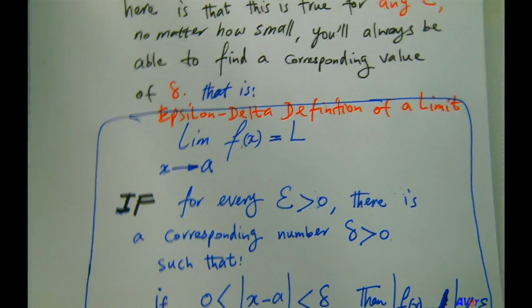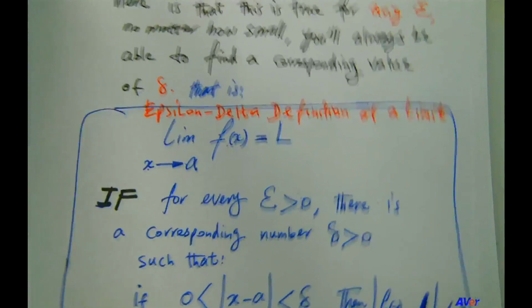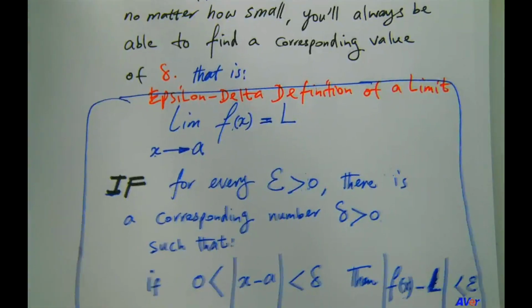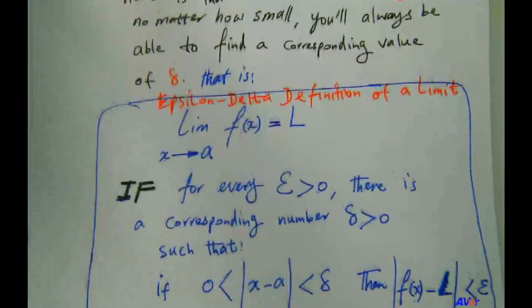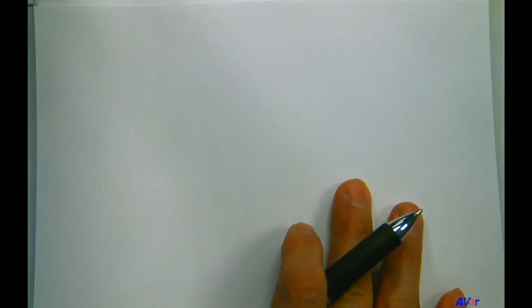Like I said, your book also has a geometrical description of this epsilon delta definition of a limit. So you're welcome to look at that to see if that is more clear, if what I said is not clear. Then you can also read the book, and let me know if you have any questions about that.